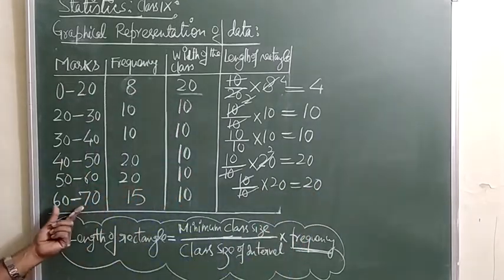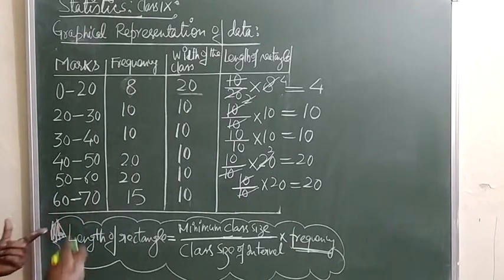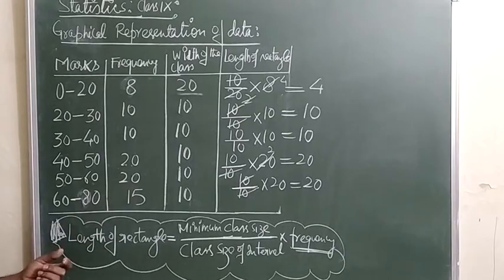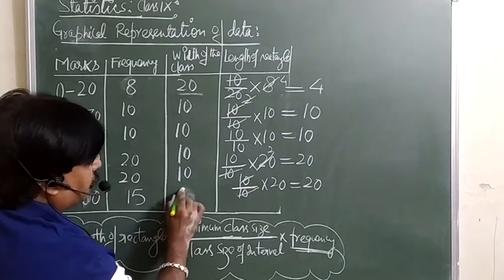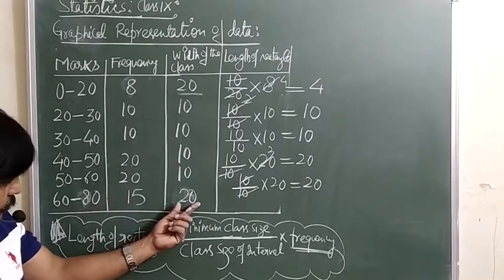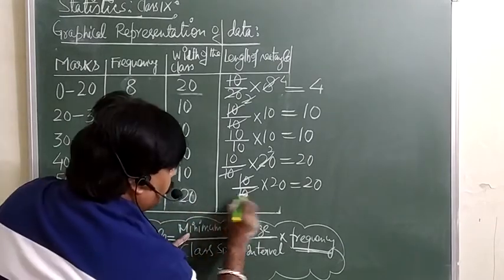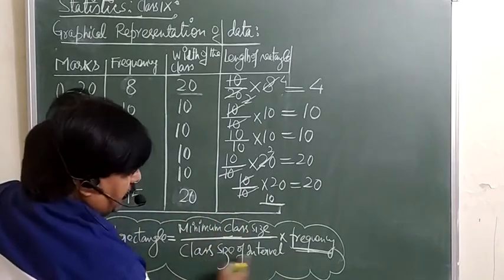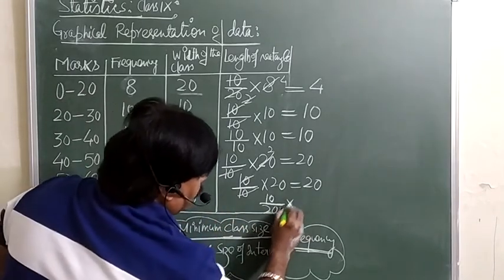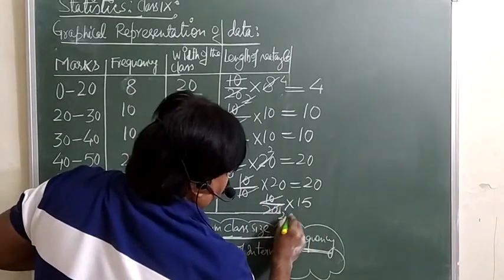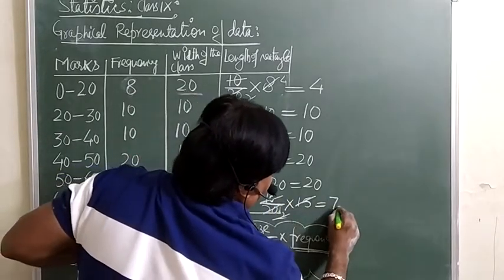Because whatever the difference is, suppose in place of this one you take 60 to 80, so it will become 20. Now here the minimum is 10, divided by the class size of the interval 20, into your frequency 15. So 10 times 15 over 20 is equal to 7.5.